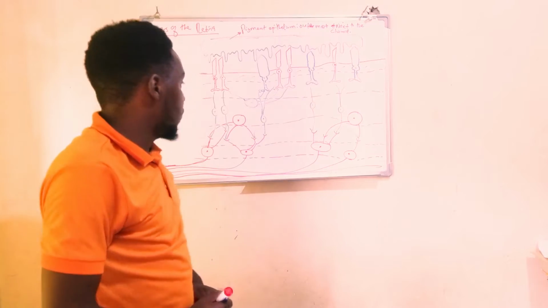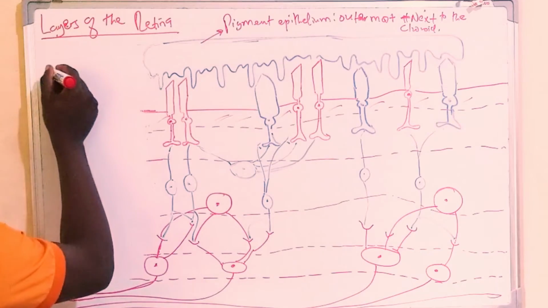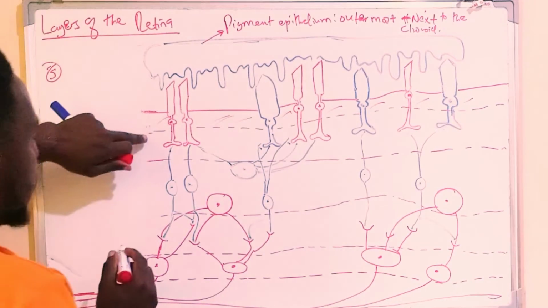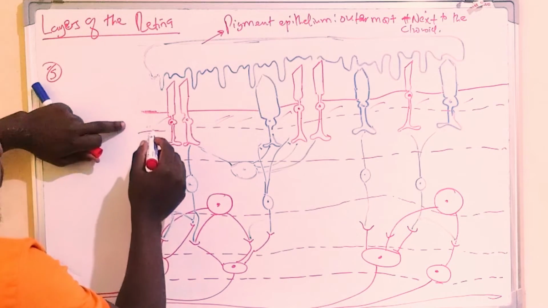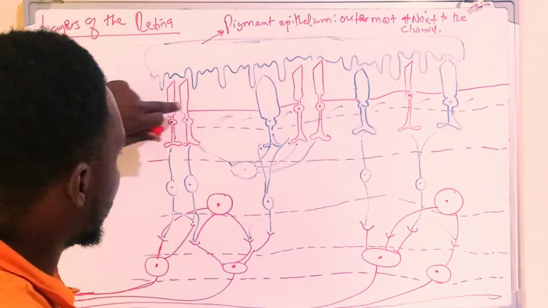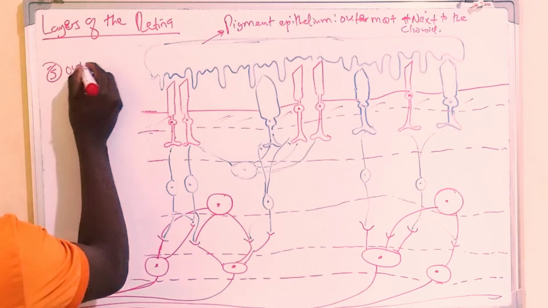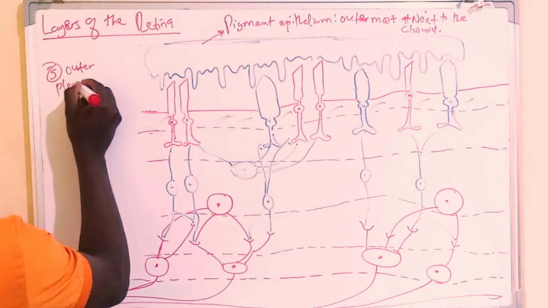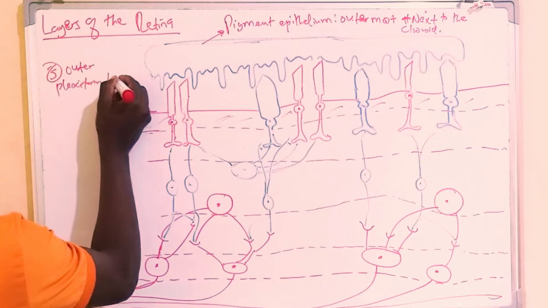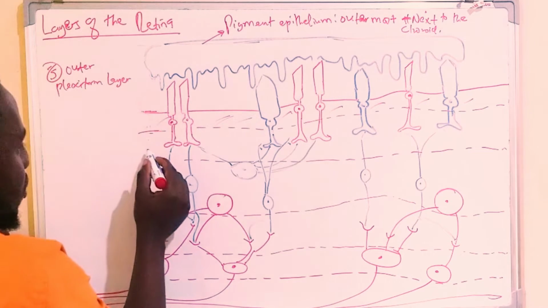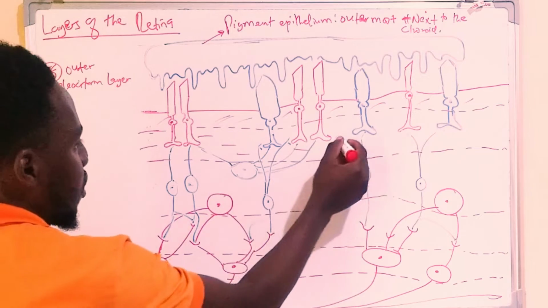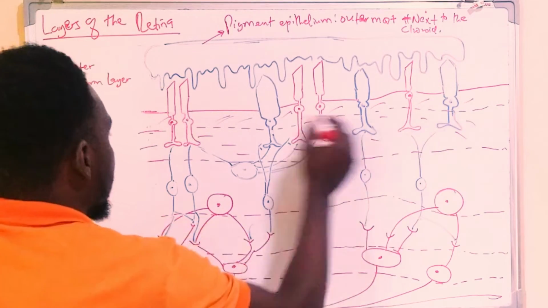Then the fifth layer, from the fourth, our outer nuclear layer, is our outer plexiform layer, which is this part here.